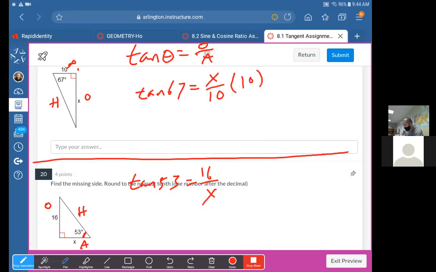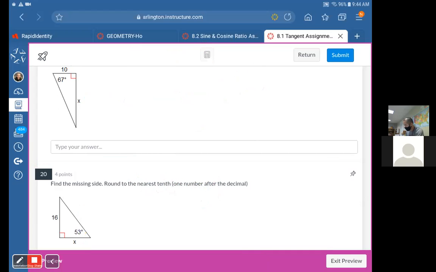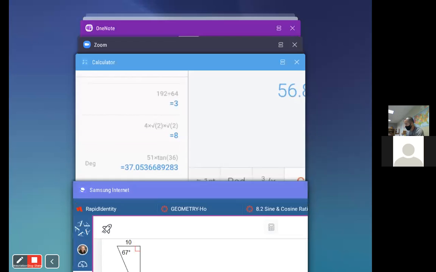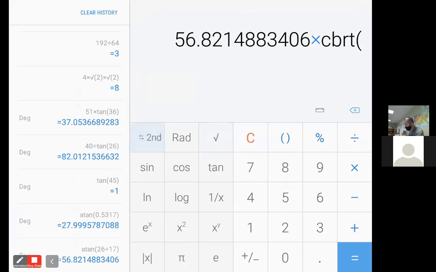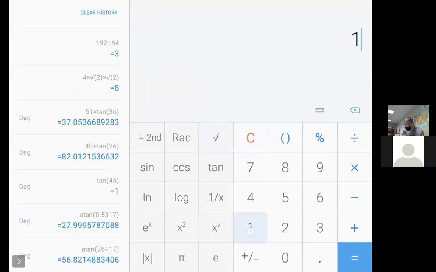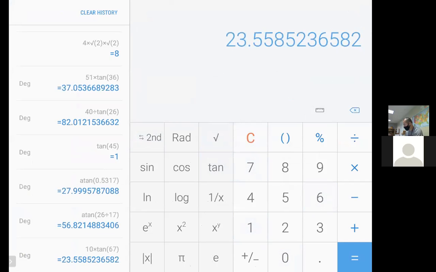To get x by itself, multiply by 10. So 10 tangent 67. This reduces to 1, so x equals 10 tangent 67. X equals 23.55. So that's 23.56.